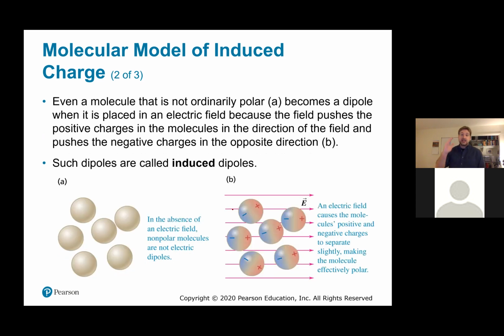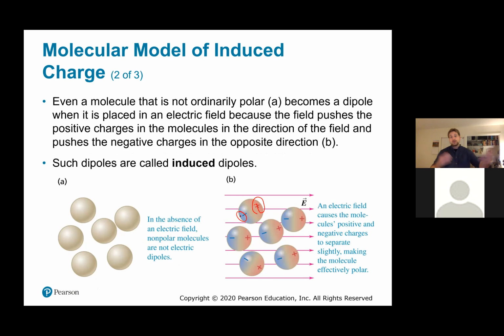Even if it's a non-polar molecule, we can still induce some local preferential alignment. The electric field to the right pushes the positive to the right and pulls the negative to the left, and we end up with induced dipolar character, and then the dipoles try to align.